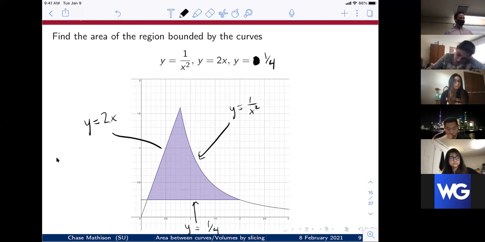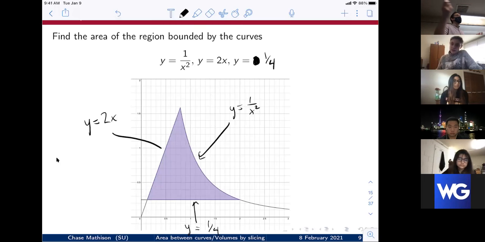Okay, so you tell me, how should I do this problem? There's a couple of ways. I'm trying to find the area of the region bounded by those curves. Should I integrate in terms of x or in terms of y?